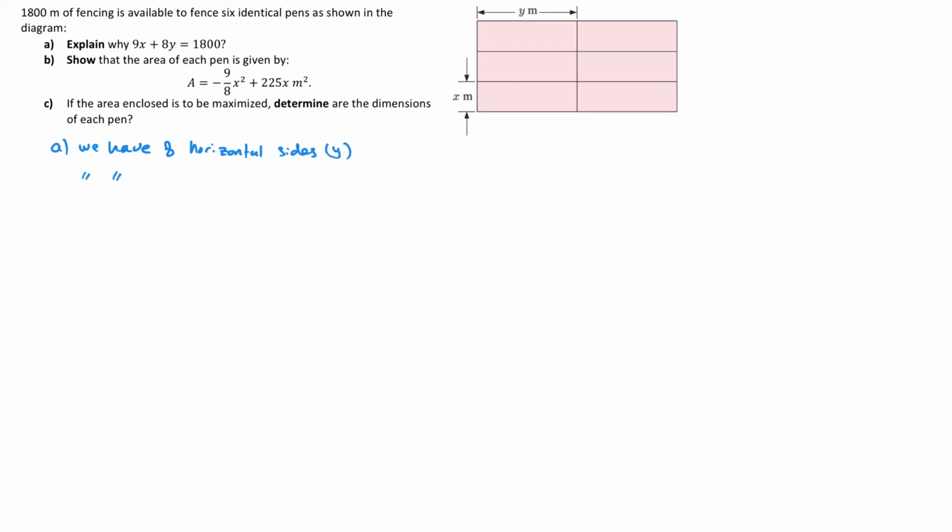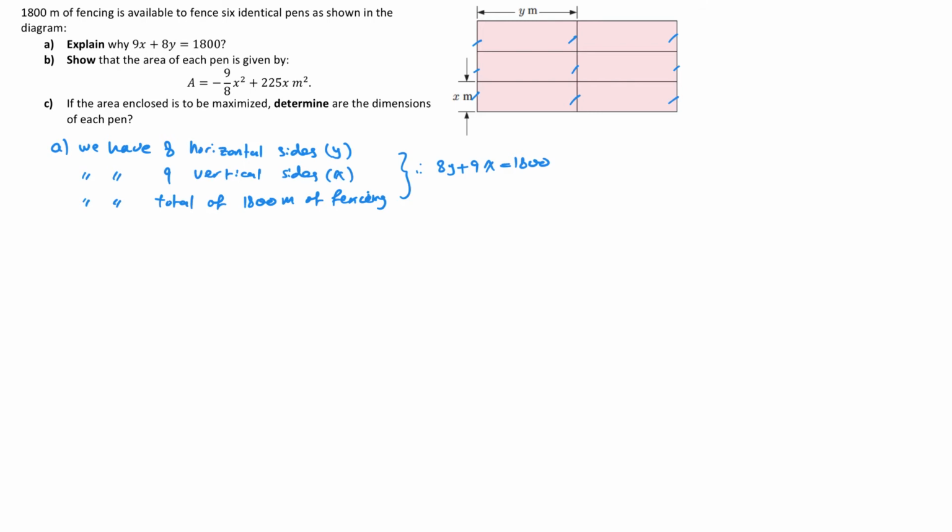We have 1, 2, 3, 4, 5, 6, 7, 8, 9 vertical sides, which are x, and we have a total of 1800 meters of fencing. And because of these, 8y plus 9x is equal to 1800.